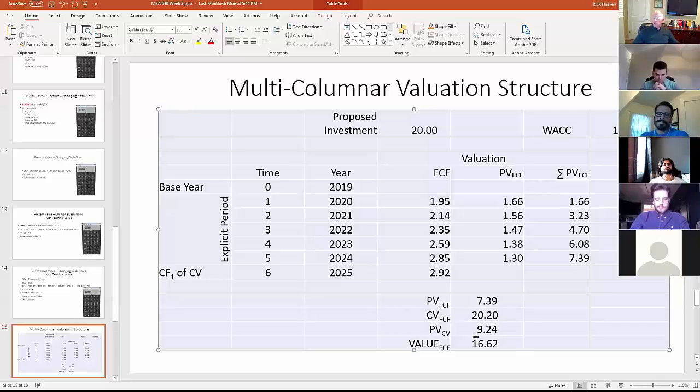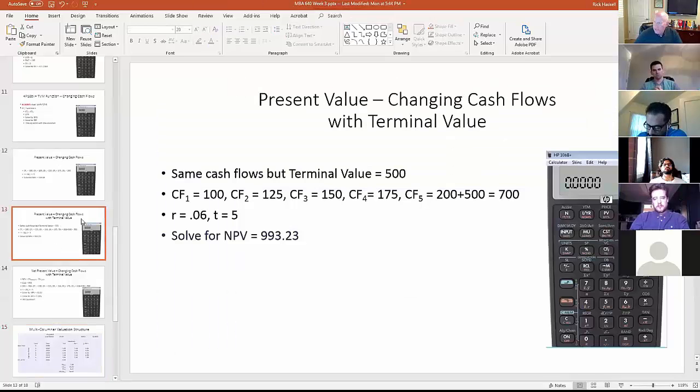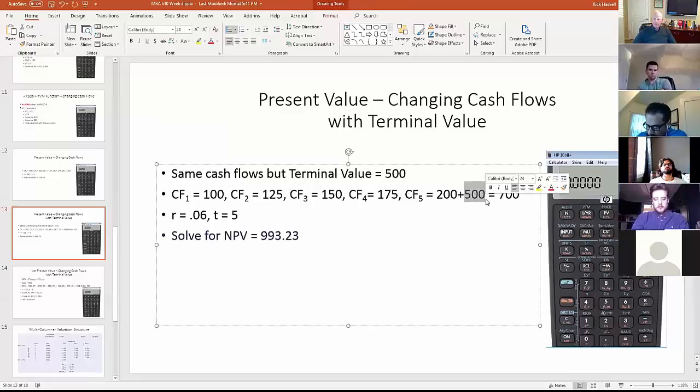Okay? So think about continuing value for a moment as though it's some terminal value. So it's a value that I'm going to get at the end of this, no different than that $500 terminal value that we had plugged into, I think it was this scenario where we gave it the extra $500. We thought we could sell this off for $500 at the end of the 5th year. And notice I added that to the cash flow for the 5th year.